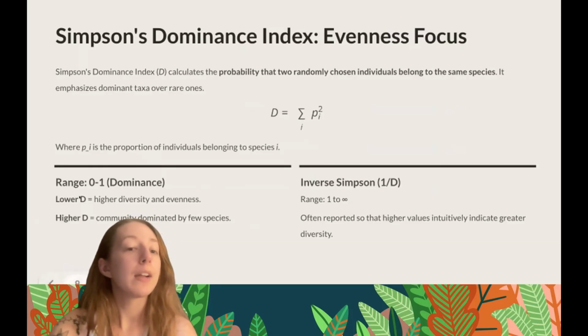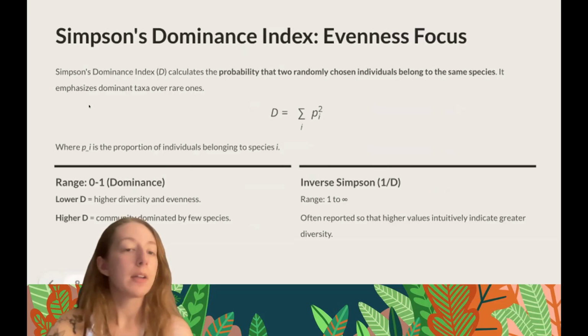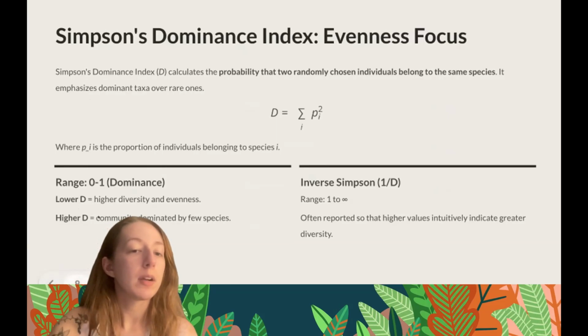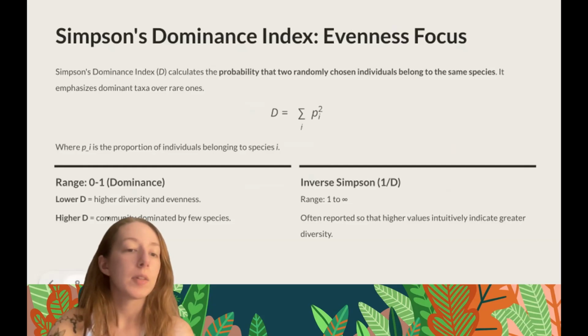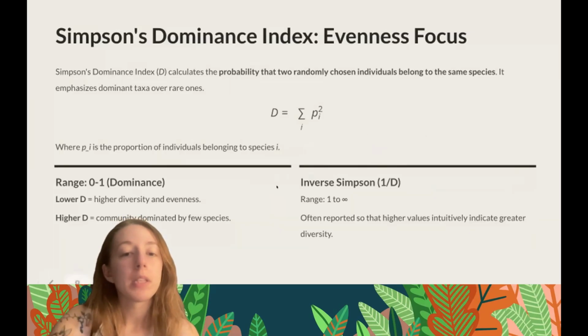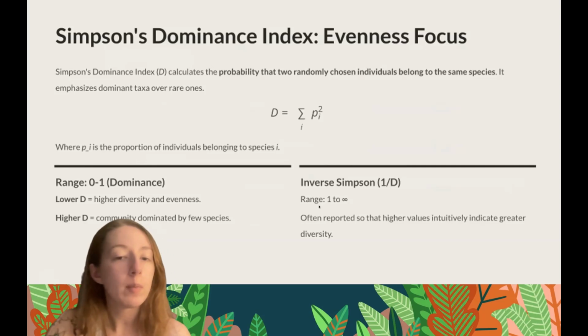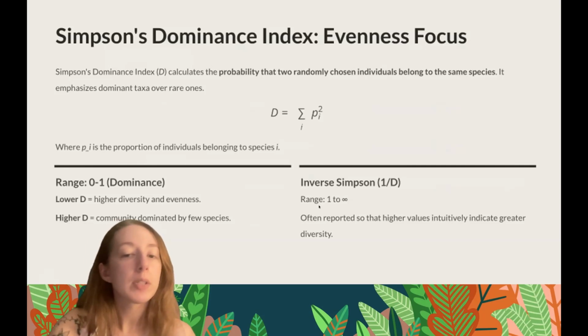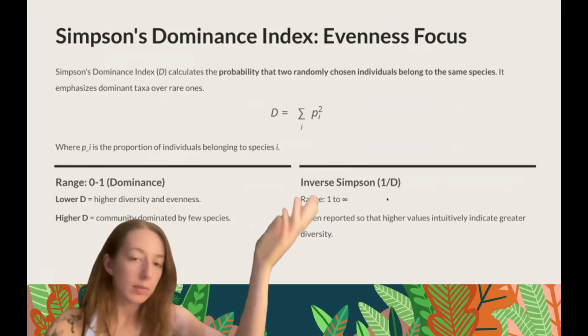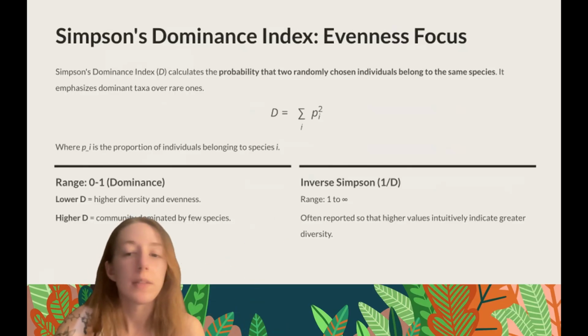In this case, a higher diversity is a lower value, and a higher Simpson's dominance index value here is indicating there's a dominance of very few species going on. And then you might see the inverse reported. That's more intuitive, where the range is between 1 to infinity, 1 being lower diversity and the higher values being much higher diversity in that case.